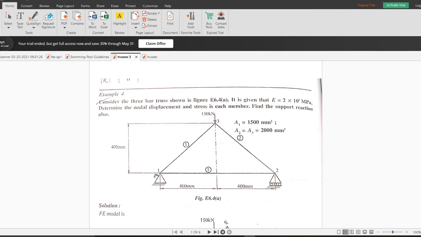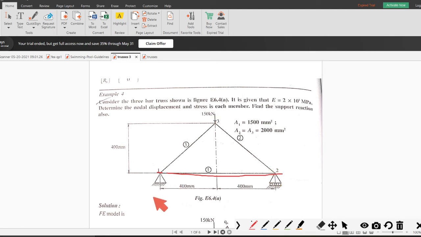Now, what is the coordinate here? What is the coordinates? Sir, 400, 400. Here, node 1. See, in this problem, we are going to divide this whole thing into one element. This is 2, 3.